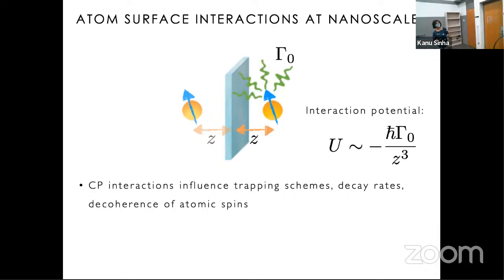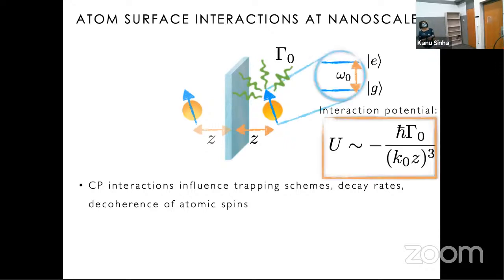We need a length scale. And the only length scale that we know in the problem is the transition wavelength of the atomic transition. So we put that in the denominator. And actually, this is not a bad approximation. It's only a factor of 16 away from the Casimir-Polder potential of a ground state atom in the near field limit from a perfect conductor. Okay.